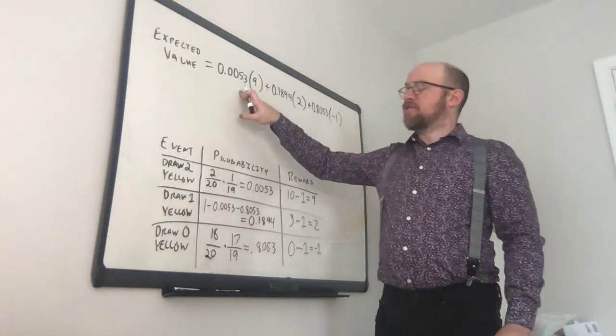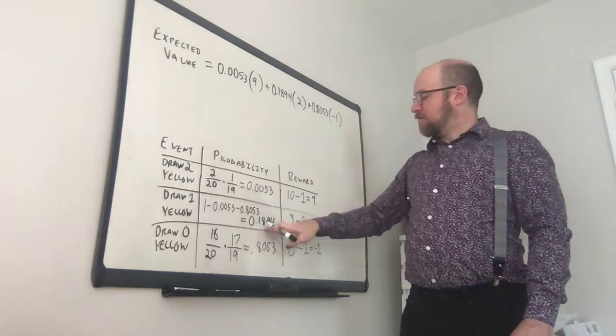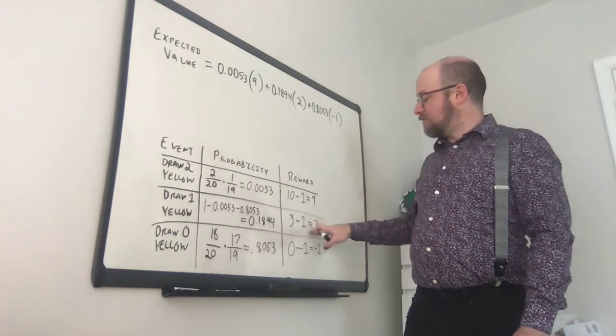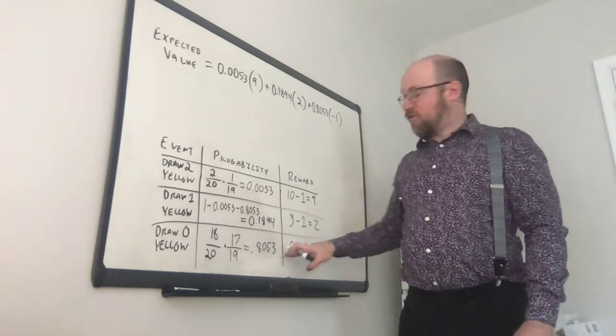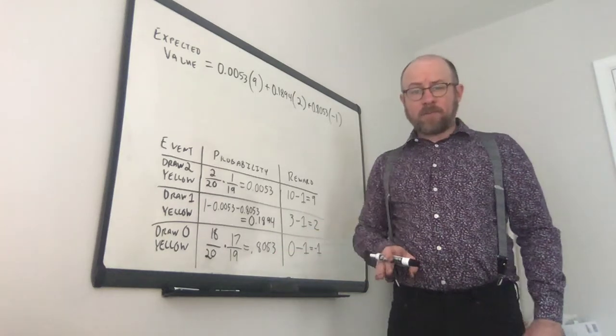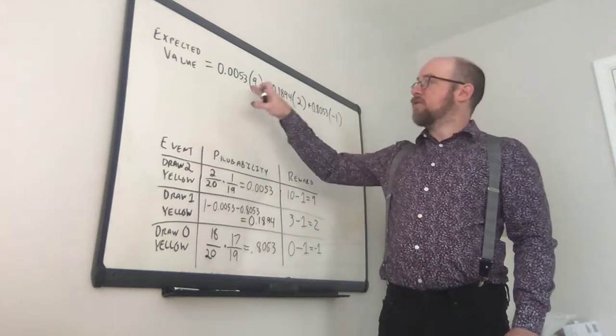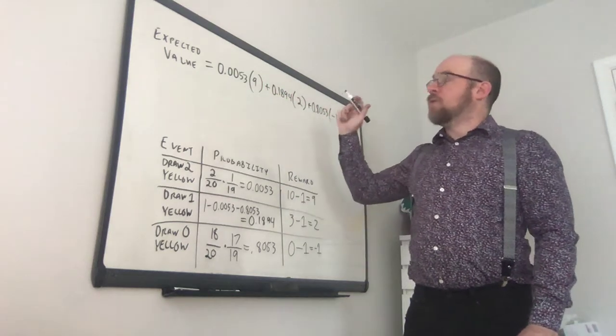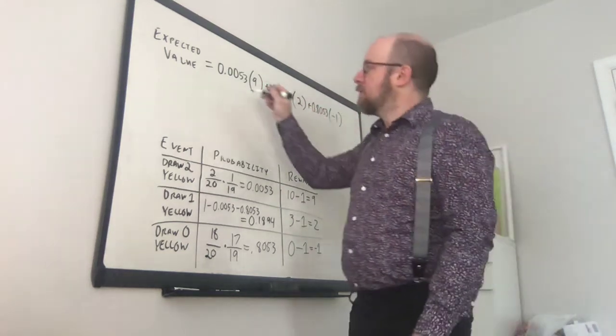So 0.0053 times 9 plus 0.1894 times 2 plus 0.8053 times -1. So first event, second event, third event.